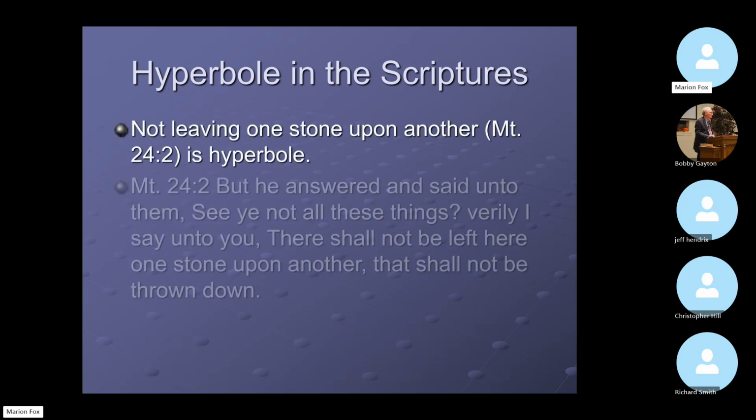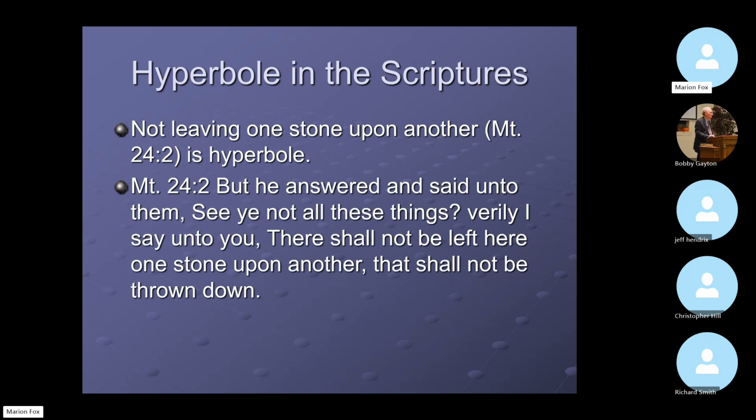Leaving one stone upon another is probably hyperbole when Jesus is talking about the temple being destroyed and the city being destroyed. He answered and said unto them, "See all these things?" Now, the word "all" is a hard word. We've got to be real careful because we can get off the beaten track on it.